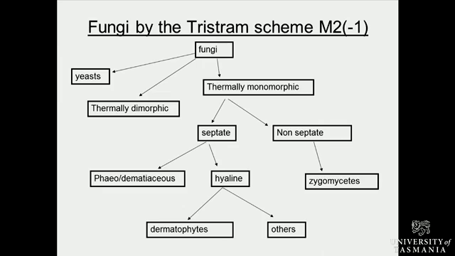So most times, if you see a mould on a plate, it's this group here. It's not a yeast and not one of those, just a mould. And these moulds are thermally monomorphic. In other words, these moulds are not those ones, they're just moulds. So if I see a mould, my first division in my mind is, is this mould one of those weird ones with big, broad, ribbon-like hyphae with no septa, or not really septa?